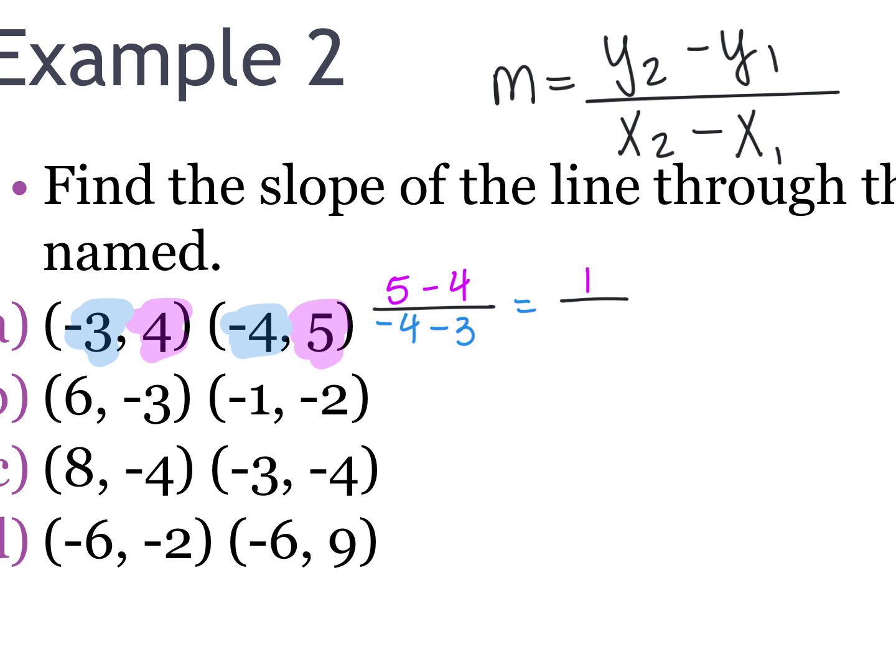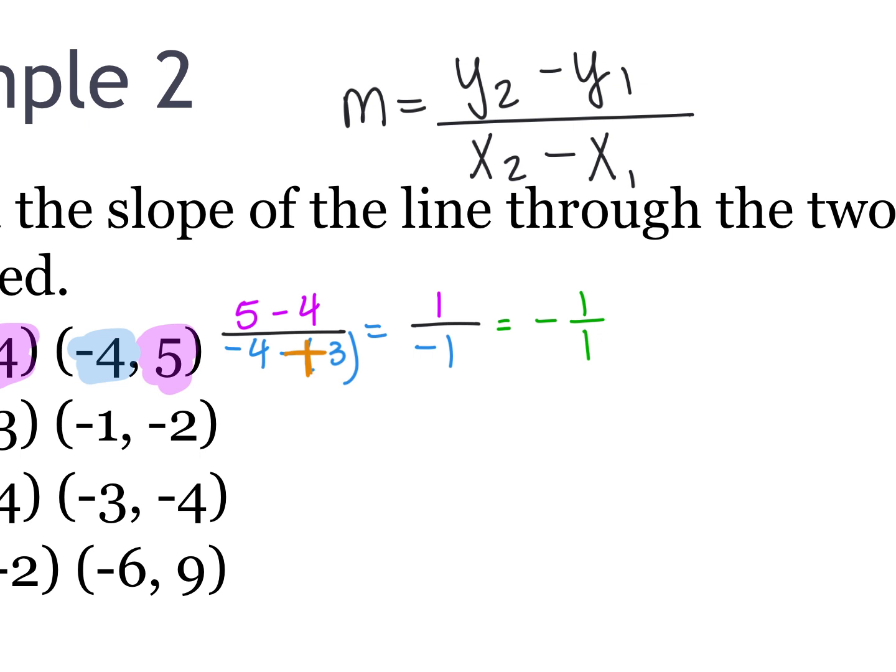I'm going to change this to a plus symbol because I have those two negatives. So what's negative 4 plus 3? Negative 1. So my slope is going to be written as negative 1 over 1, which is also negative 1. What does that mean when I'm writing my slope? That means I'm going down 1, to the right 1.